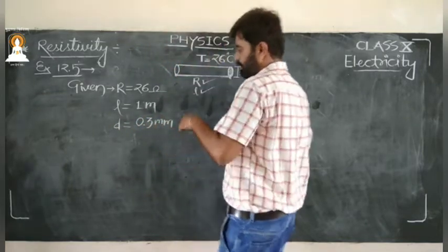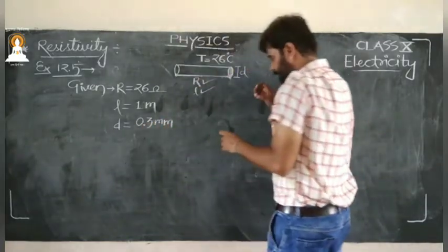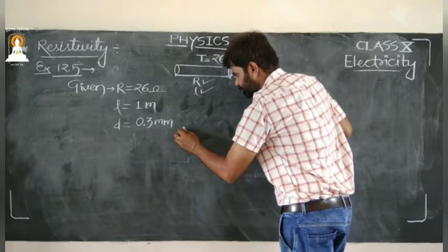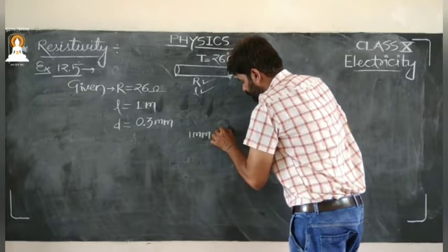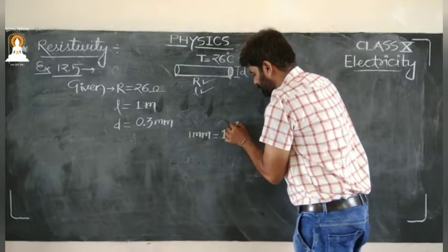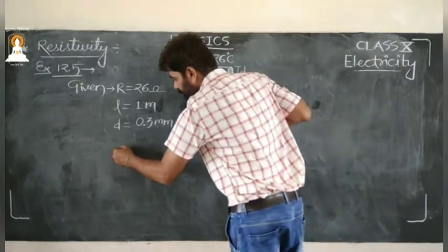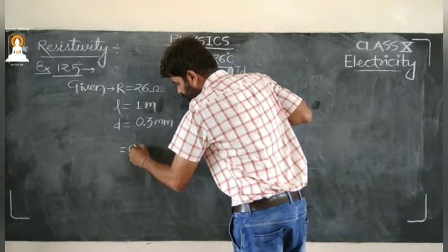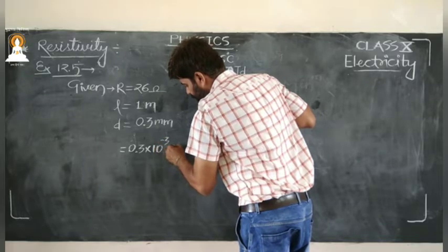Now listen carefully. We know 1 millimeter is equal to 10 raised to power minus 3 meter. So 0.3 mm is 0.3 into 10 raised to power minus 3 meter.